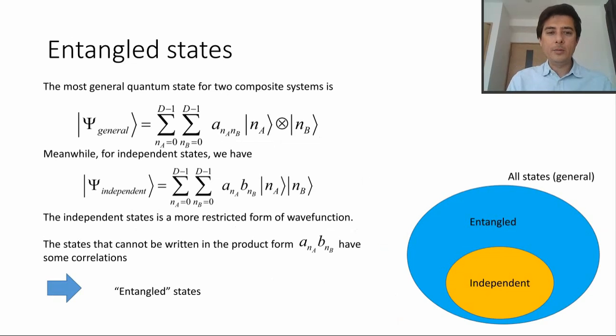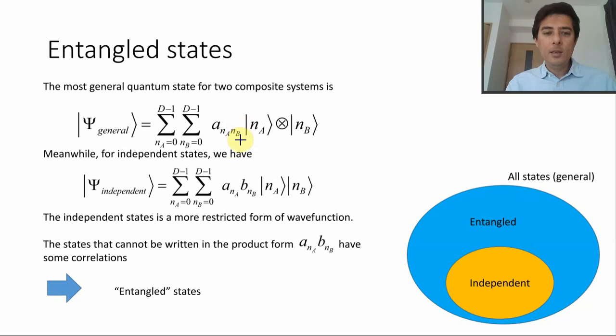So this is how measurements and independent states work. So what if the state isn't independent? The way that we wrote these states was the case of the independent states. And what you should notice here is that this type of the coefficients is actually a more specialized form than the more general case, right?